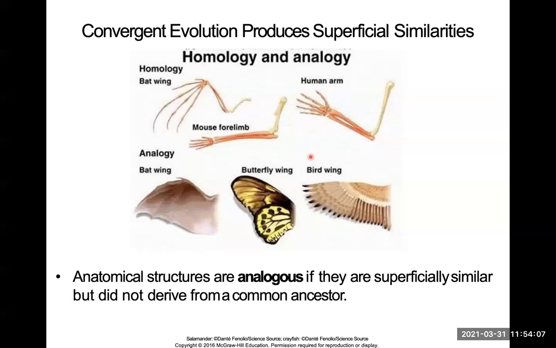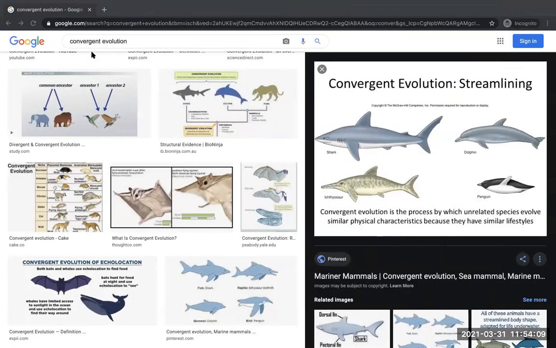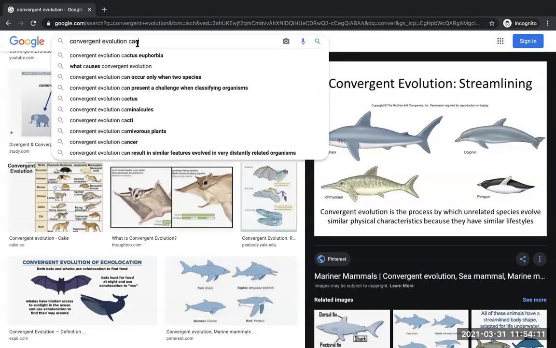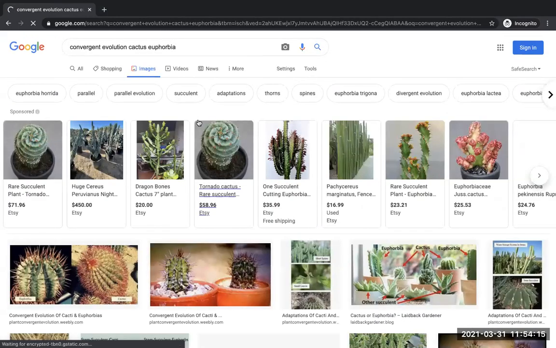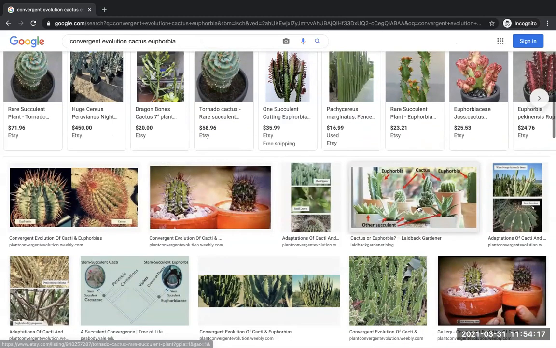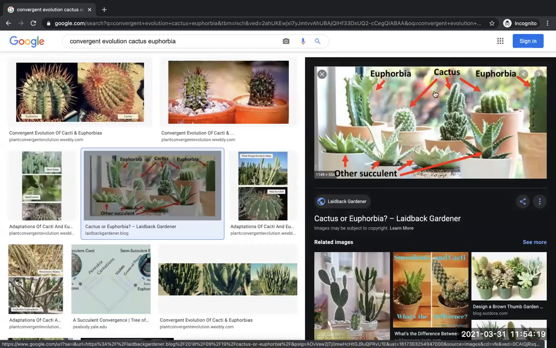So that was another example. Also would be cactus. You guys probably already know what cacti look like. So this is cactus. And there is another group called euphorbs. This is called euphorbia. These cacti, they grow in the desert.